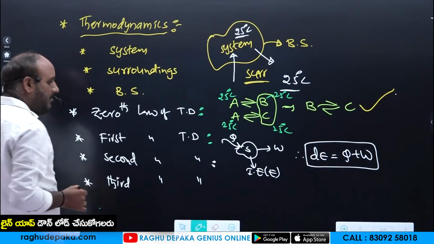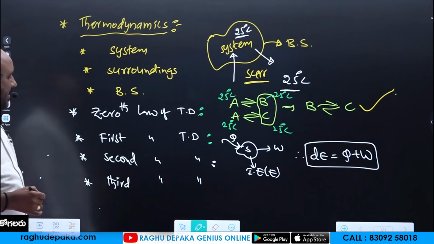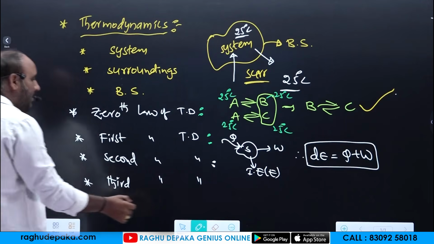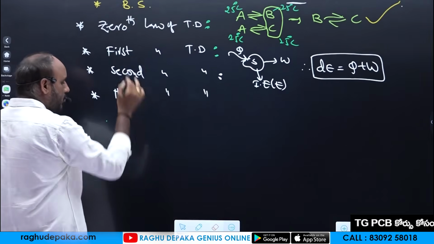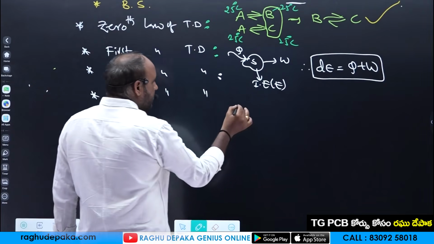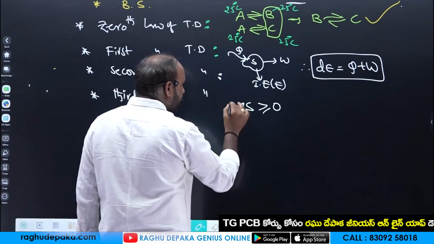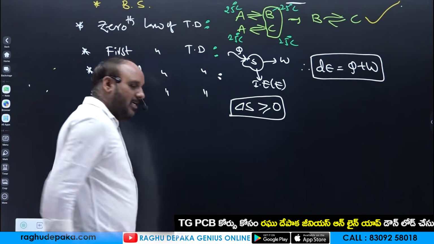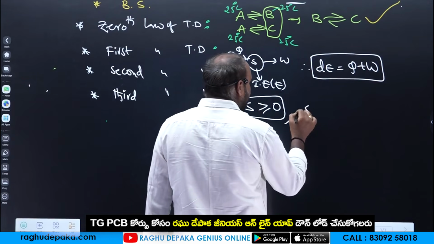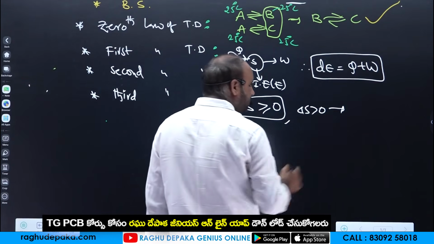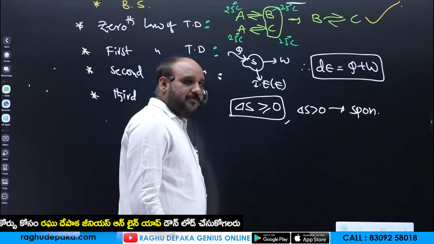With respect to that, we will get a lot of information with the help of the concept of entropy. With the help of that, we are going to say whether the process is spontaneous or not with the help of the second law of thermodynamics, simply with one relation, right? So with the help of the concept of entropy, we are going to say the change of entropy delta S is greater than or equal to 0. Delta S greater than 0, that means positive, explains the spontaneous nature of the system.